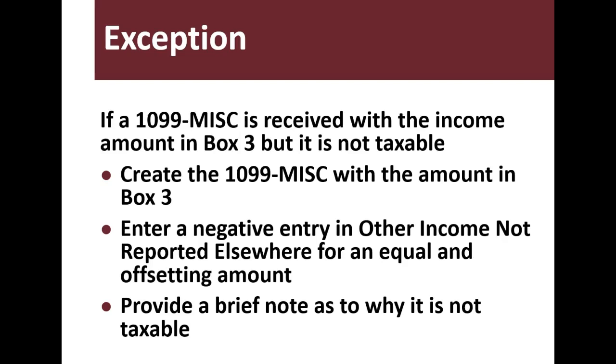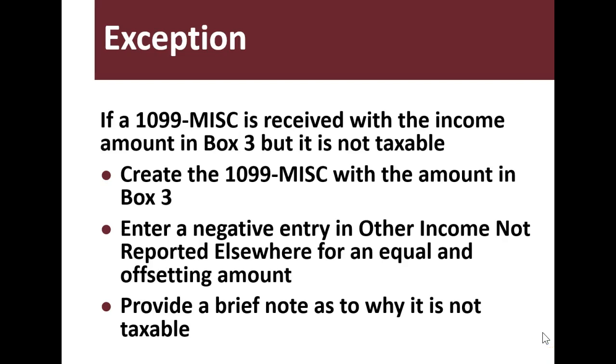Now, another exception is if you get a 1099 miscellaneous and there's an amount in box 3, so you know it's going to go to line 21, but for whatever reason, you've determined that it's really not taxable. It's there, but it shouldn't be taxable.